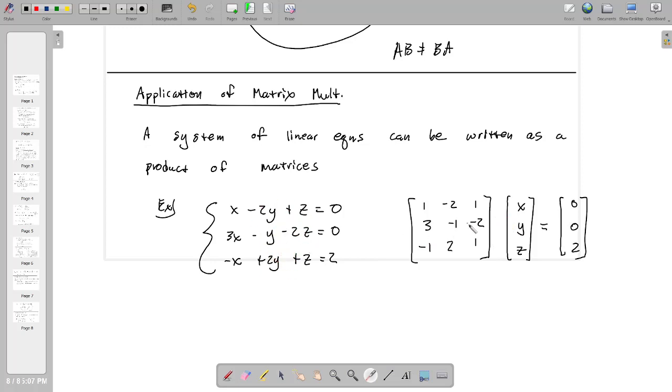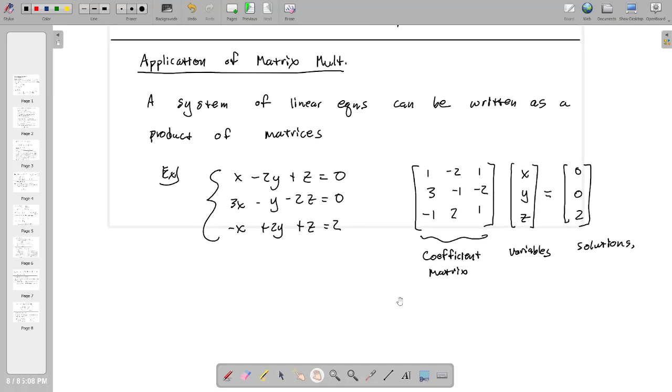There is a way, and we'll talk about this later when we get into inverses of matrices, to actually solve this system by just doing a single matrix multiplication. Again, we'll talk about that later. You have the coefficient matrix, your variables, and the solutions to the system of equations. This is an equivalent way to state this system.